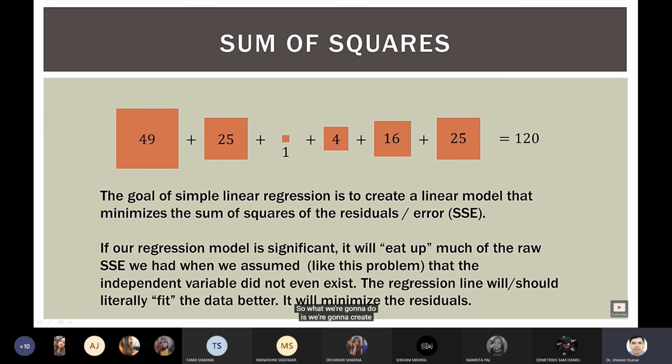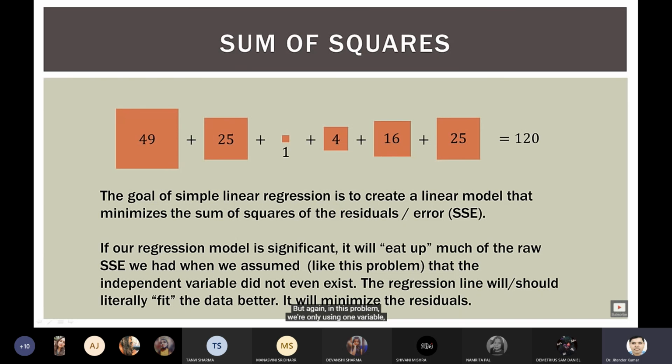So what we're going to do is create a different line through the data once we introduce an independent variable that will minimize the size of these squares. And actually, mathematically, we'll come up with the line through the data that minimizes these squares as much as they can be. And that'll be our best fit line for the data.